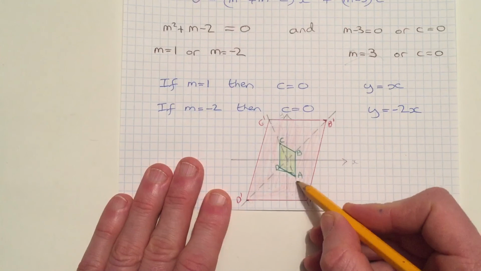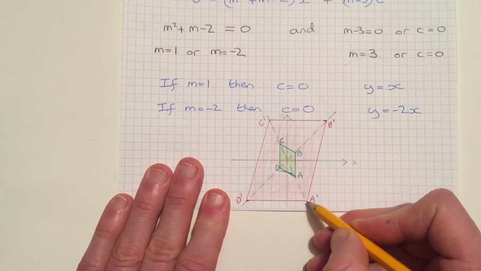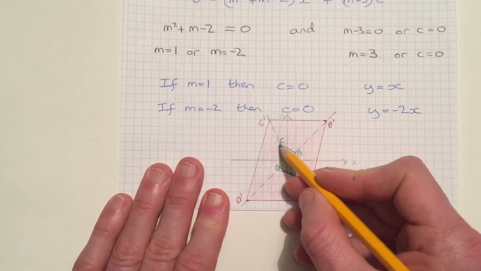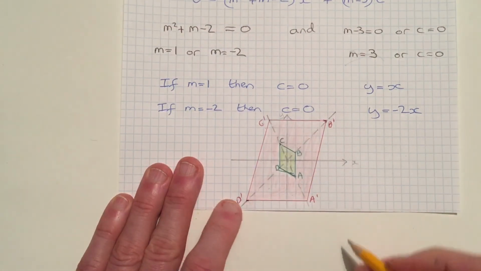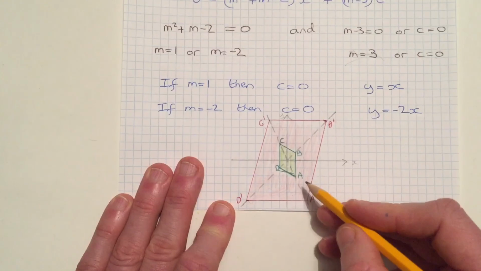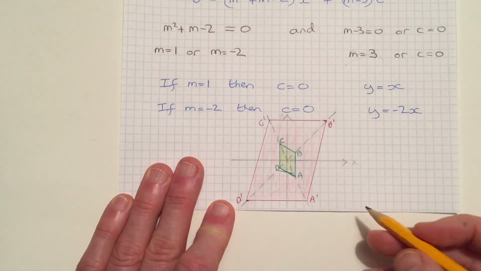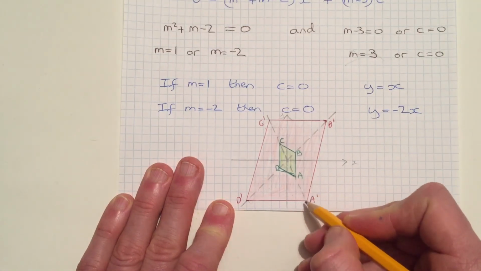We can see that A has been transformed over to A dash, B has been transformed over to B dash, C to C dash, D to D dash. So all of these points have moved.